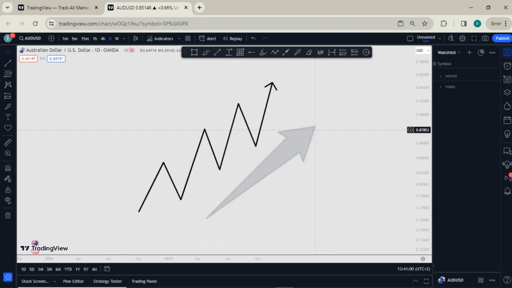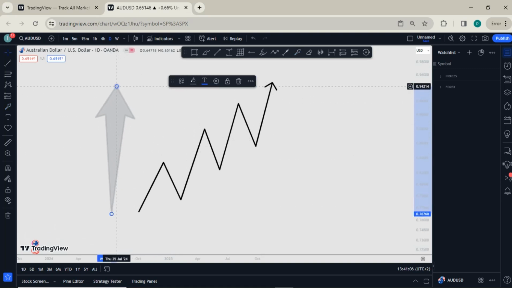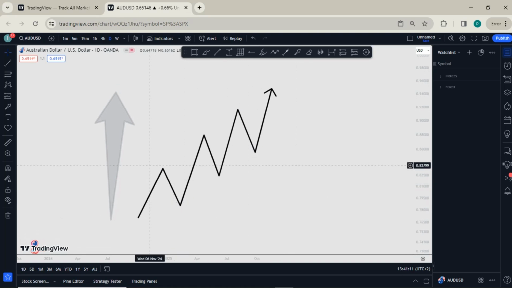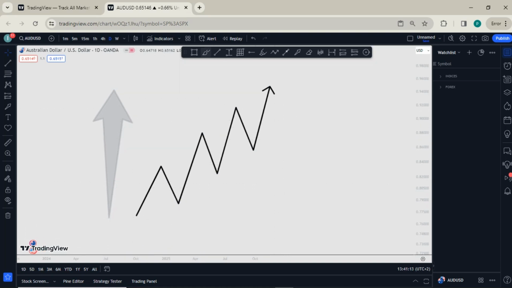Simply by spotting our highs and lows, our higher highs and our higher lows.